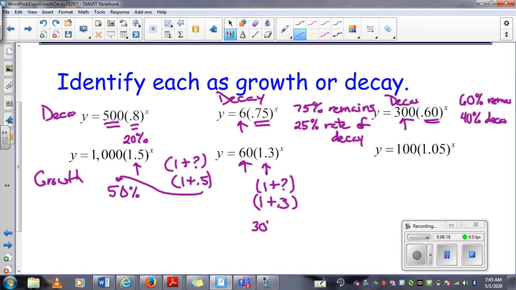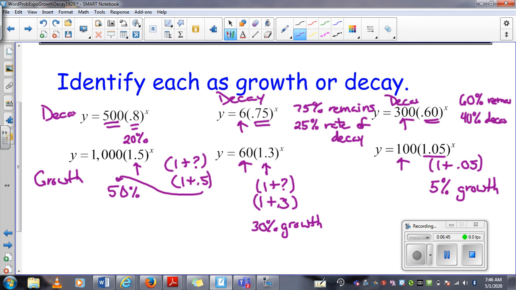So this means 30% growth. So at the end of, say, every year, you have 130% total. That's what you have remaining. This means you start off with 100 of something, and since 1 plus 0.05 gives you 1.05, this means that 5% grows.